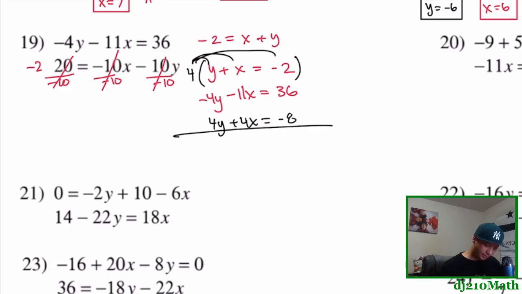When I add, the y's cancel. That's what I wanted to happen. This is going to be -7x equals 36 minus 8, 28. That seems right. Dividing by -7, x is equal to -4.